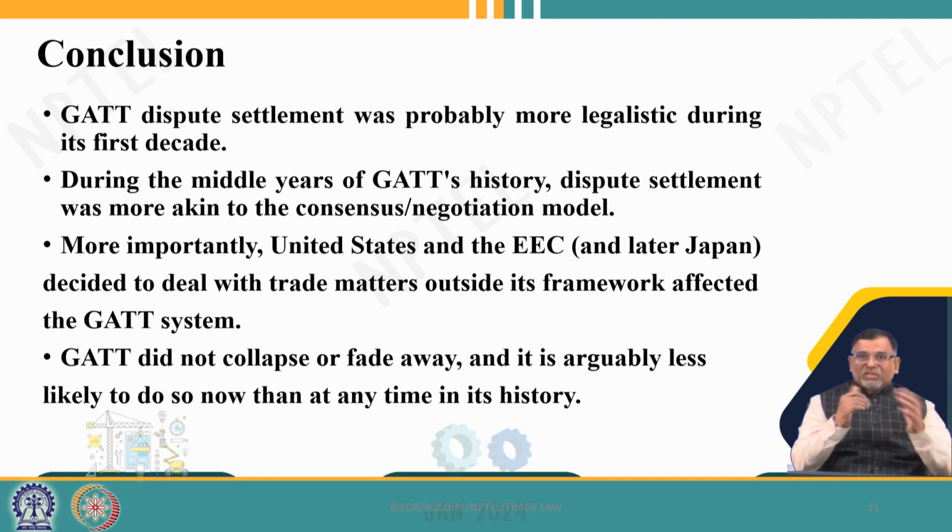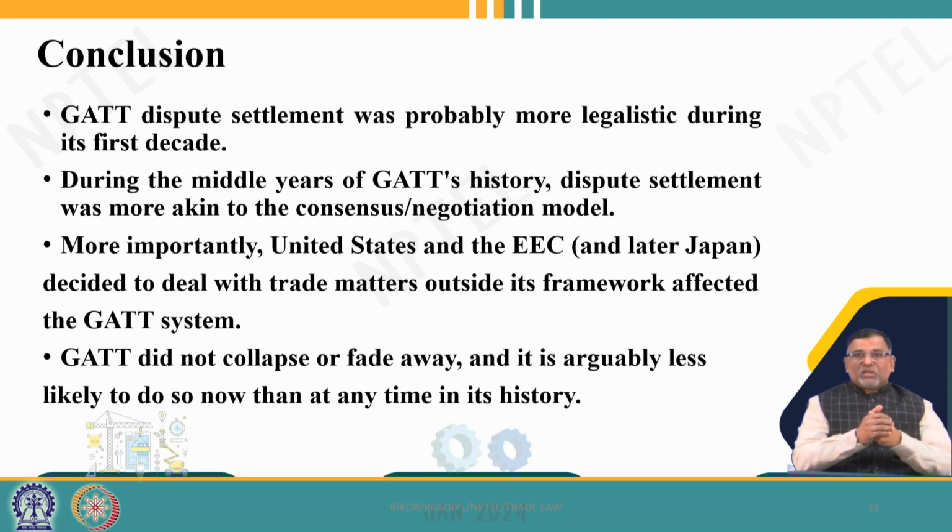And mostly the system was used by the United States, the European Economic Community, and Japan also is included. And from the 80s, the US and other parties started blocking the reports, which made a problem to the entire working of the system.